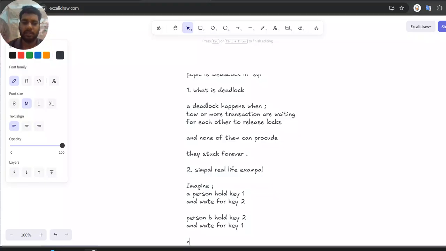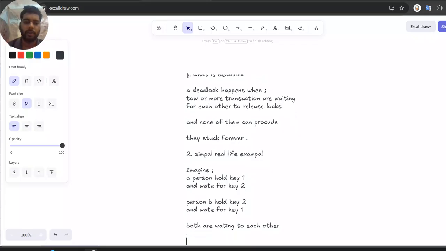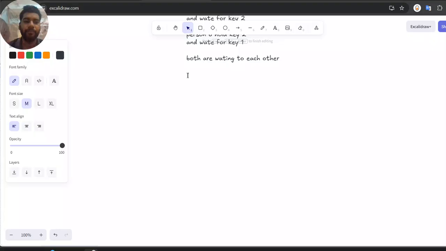So both are waiting for each other, and no one releases their key. That is deadlock.